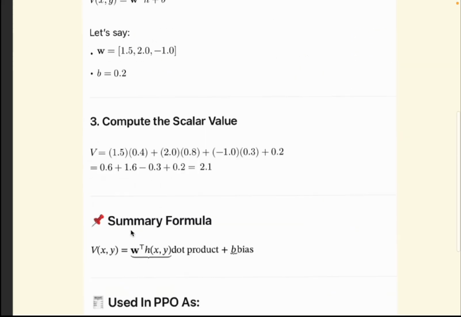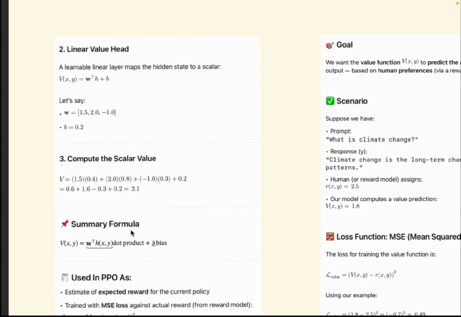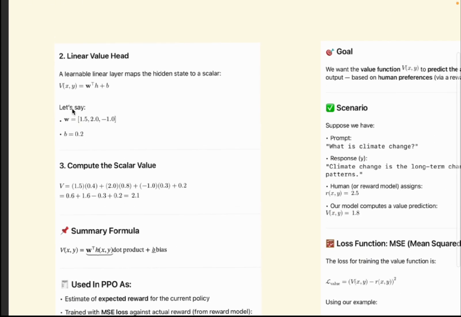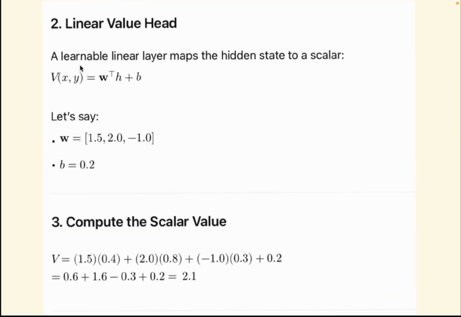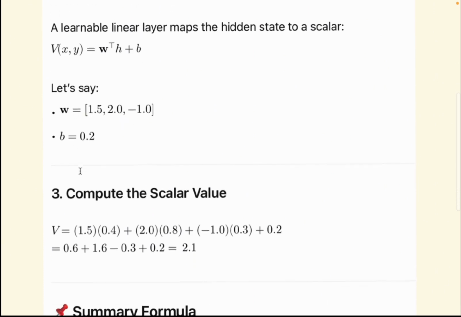So the way that it will be calculated is, it's simply a learnable linear layer that maps the hidden states to a scalar. So it's simply W transpose, the weights, times the hidden states, plus a bias. Let's say the weights are something like this and the bias is something like this.